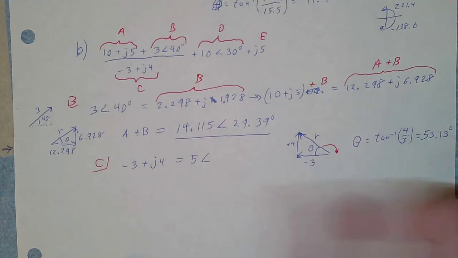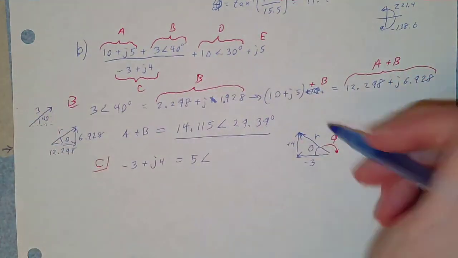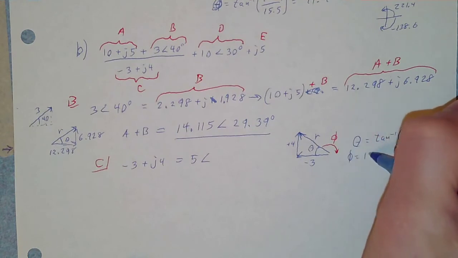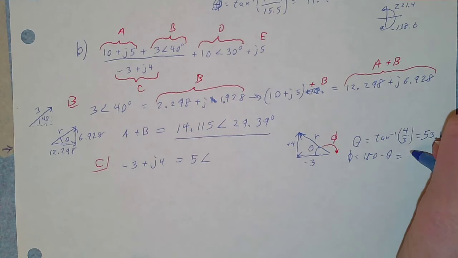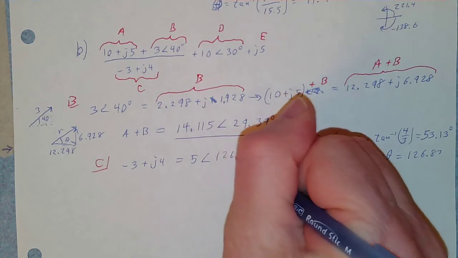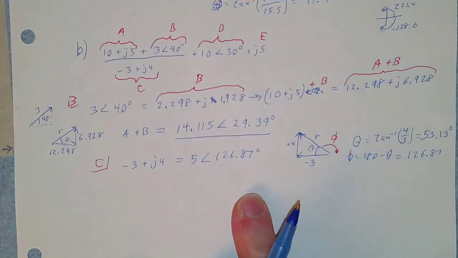To get the angle phi right here, phi is just 180 minus theta, which gives you 126.87 degrees. So that's C.